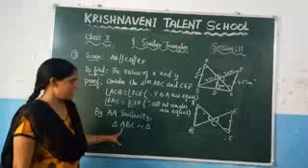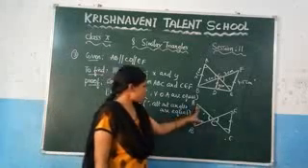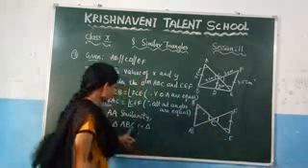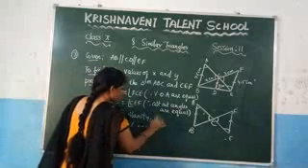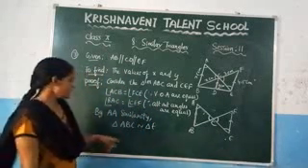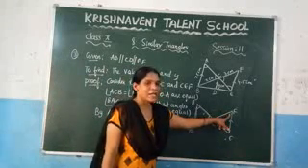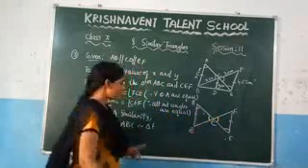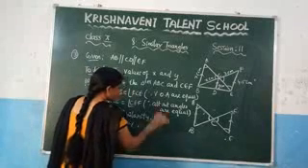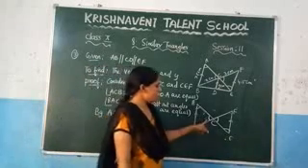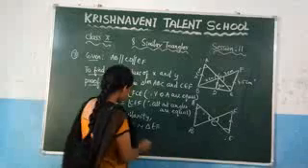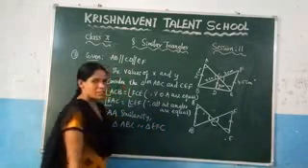Here, angle A is equal to which angle? Just now we have stated angle E. So in place of angle A, you can write angle E. Similarly, angle B is equal to which angle? In place of B, you can write F in this triangle. And similarly angle C is equal to angle C, so in place of C, you can write C.